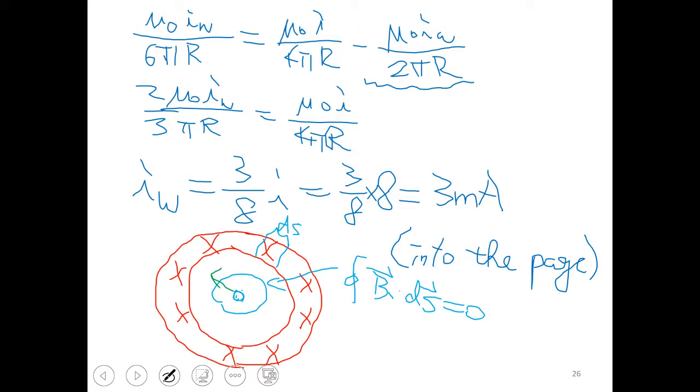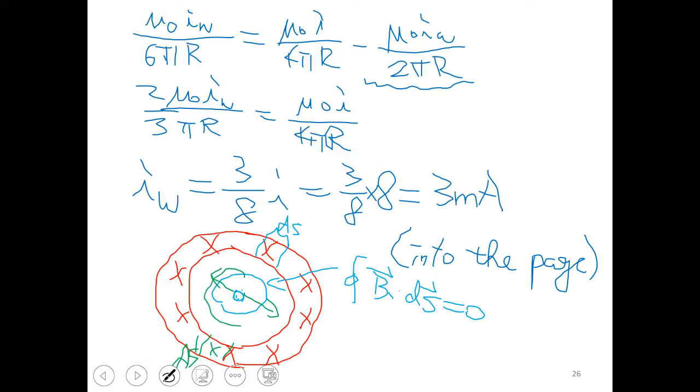And you have another part here, ds prime, for this part. This one will point to that side, then they will cancel. So no matter how you think, the pipe will contribute zero magnetic field at this point.